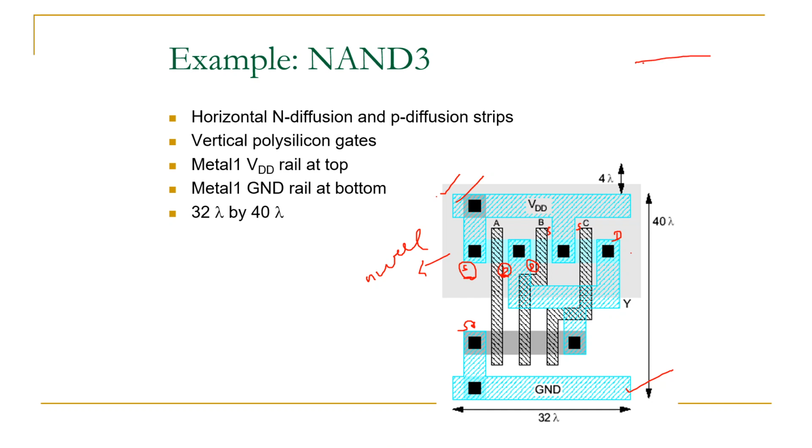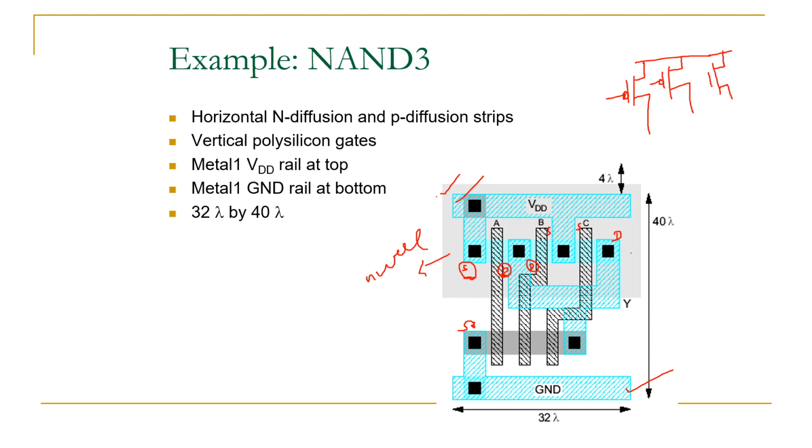See, in the realization we are using 3 input NAND for the P MOSFET connection. For the 3 input NAND gate, your P MOSFET will be connected like this, A, B and C. All the 3 P MOSFETs are connected in parallel.